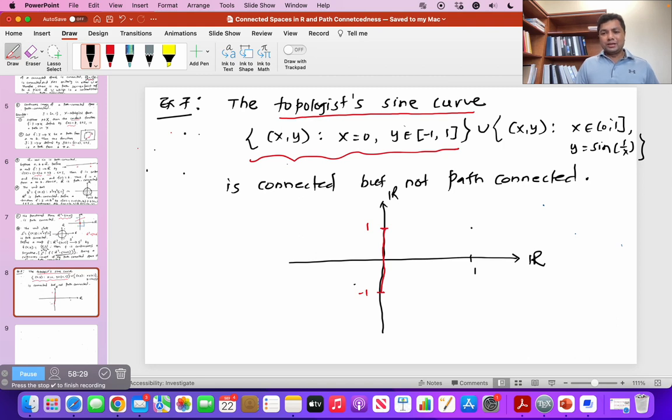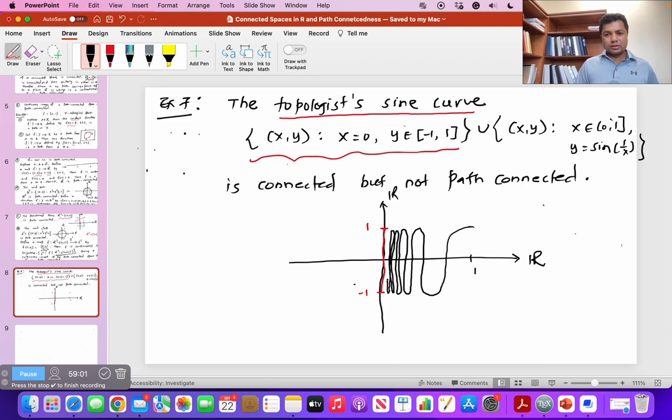So the second set is going to be the points on this graph. It oscillates like this, and when it comes closer to the y-axis, the oscillations get closer and closer together, and they keep oscillating.